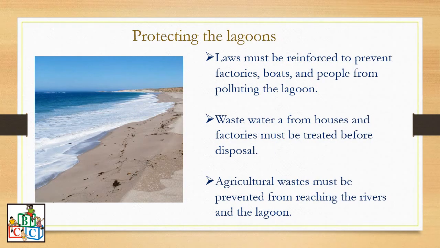So how are we going to protect our lagoons? Laws must be reinforced to prevent factories, boats and people from polluting the lagoon. There must be very strict laws, and wastewater from houses and factories must be treated before disposal.